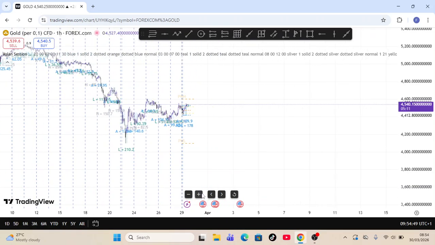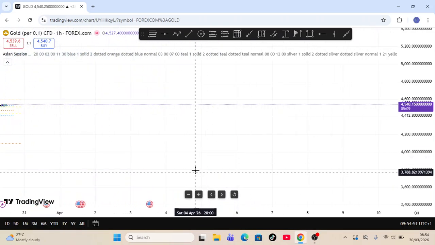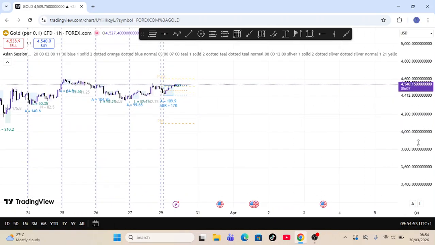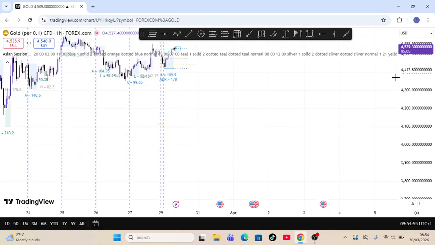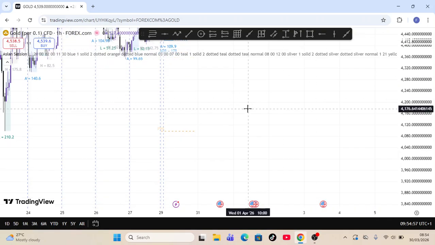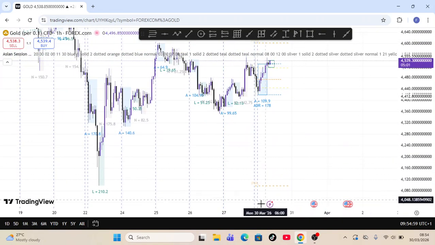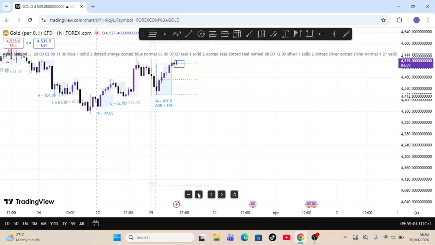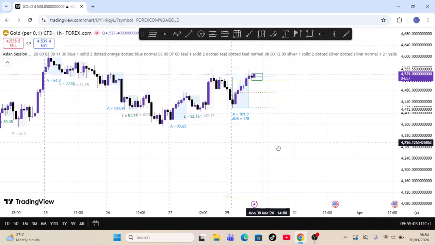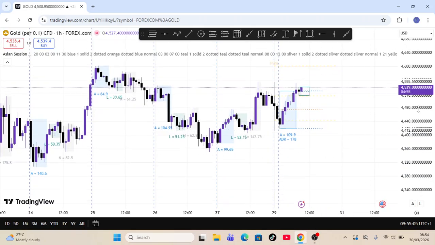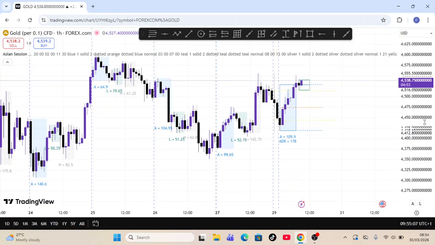So when you go to your 1 hour time frame, mostly it will be on the session. Which session are you good at trading, or which session is your time zone on? Most of we Africans, our time zone is on London session. And if your time zone is not on London session, then most of you will be asking, how will I know whether this session is London or New York? Let me teach you.